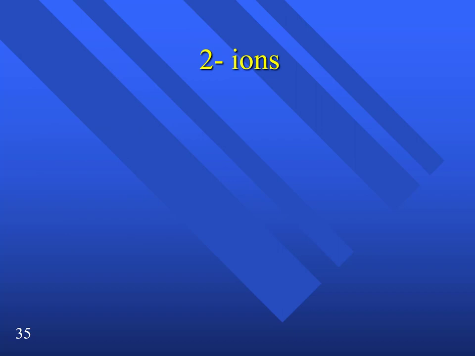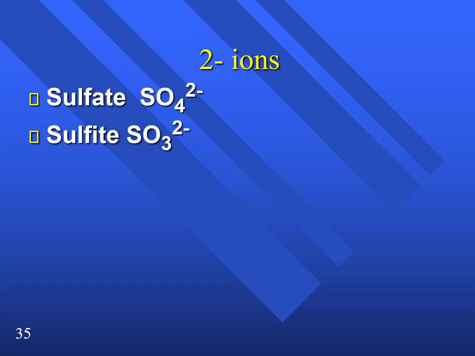The 2 minus ions. Sulfate and sulfite. Now, sulf for sulfur, ATE for oxygens. Sulfite, sulf for sulfur, ite for one less oxygen. Carbonate. Han Solo is really happy that there's no such thing as carbonite.